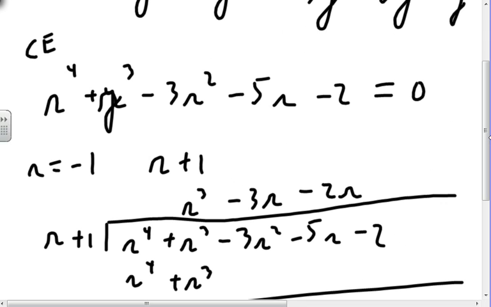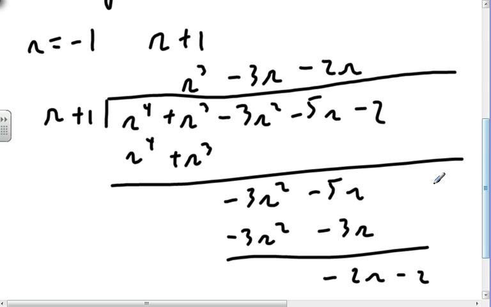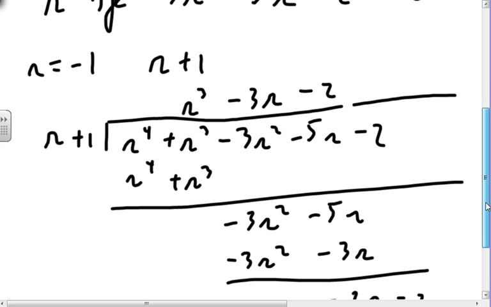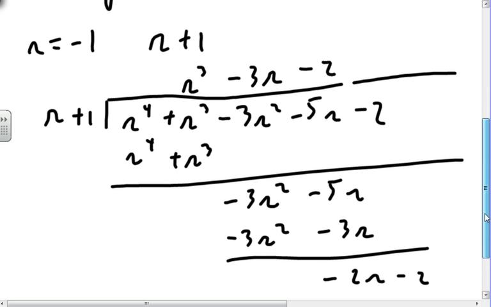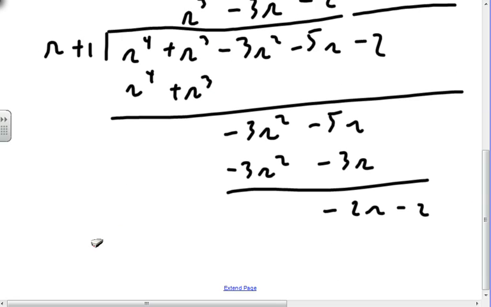Okay, there's no r squared term. Okay, then I see that's just a 2, minus 2, no r. And this is r cubed. Okay, so now I've got r cubed minus 3r minus 2.